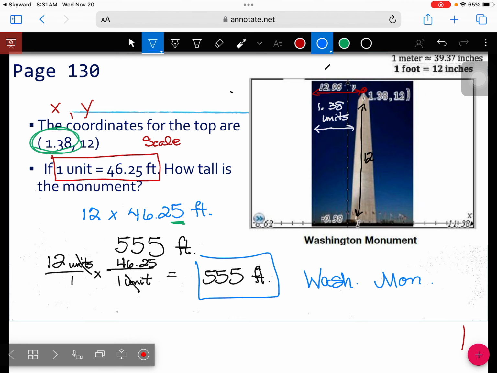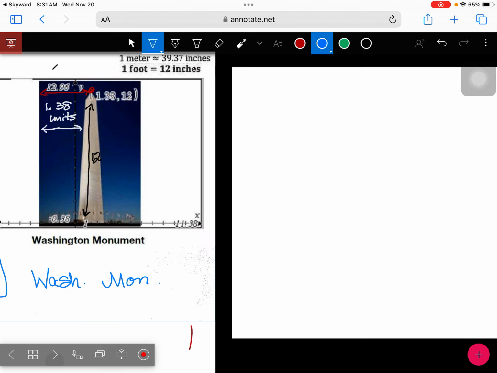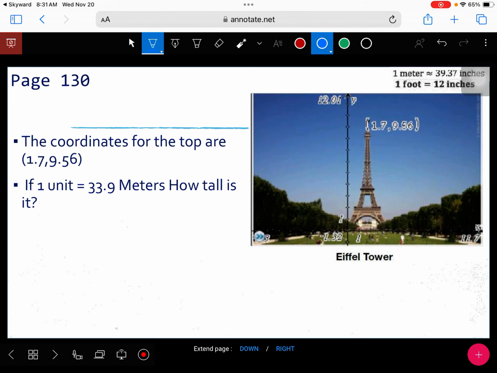The coordinates for the top of the Eiffel Tower are 1.7 and 9.56. If 1 unit here, again, what do we call this? Scale. That is your scale.